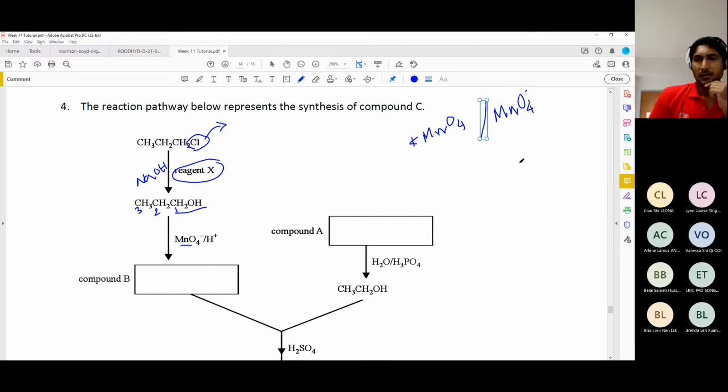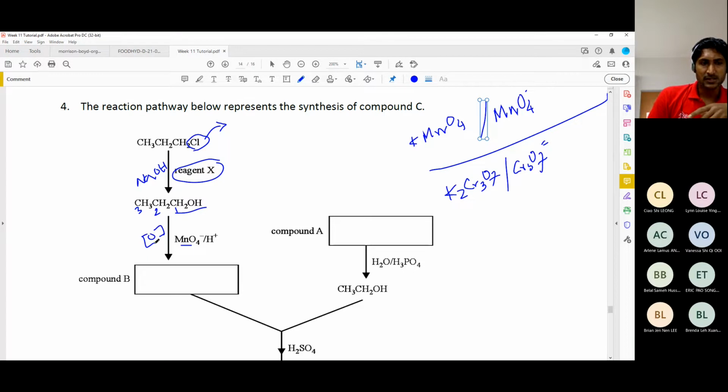Okay, so KMnO4, and there's another one, K2Cr2O7, potassium dichromate. So these two will cause the oxidation.